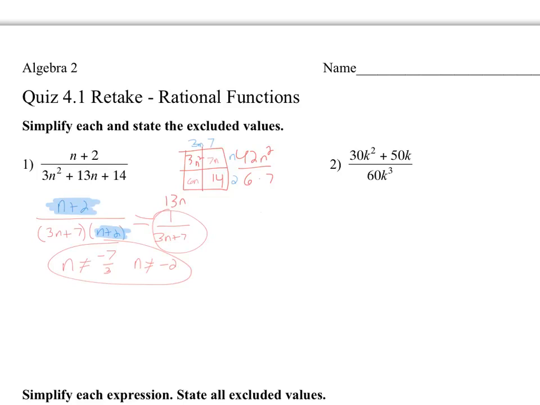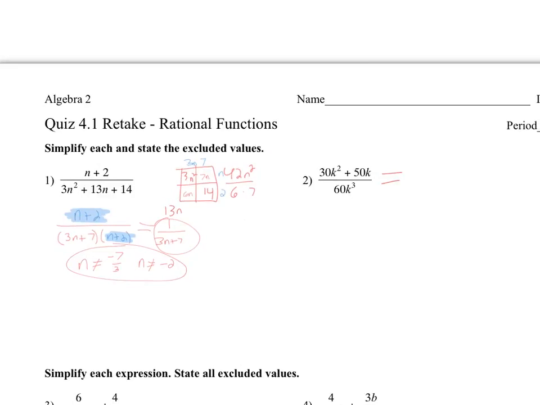This looks a little bit more complicated, but y'all, we can really start factoring out key terms. I notice in the numerator I can factor out 10, because 10 goes into 30 and 50, and I can also factor out a k.